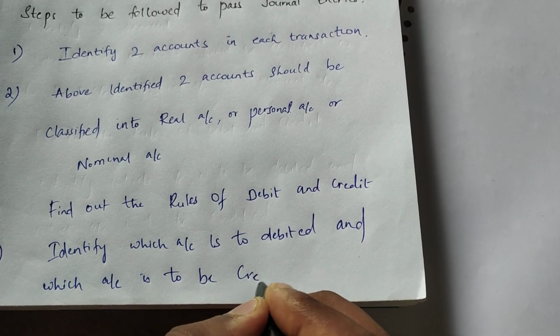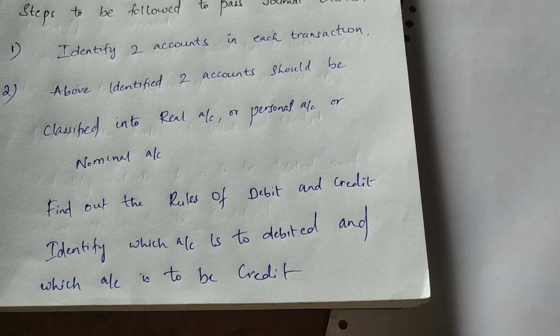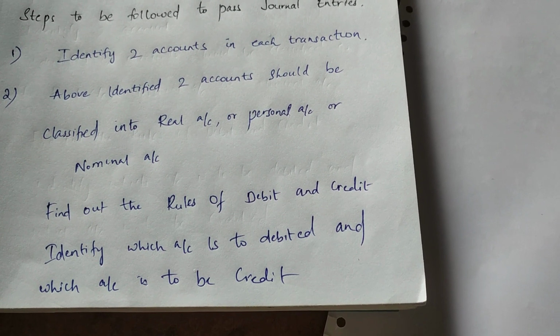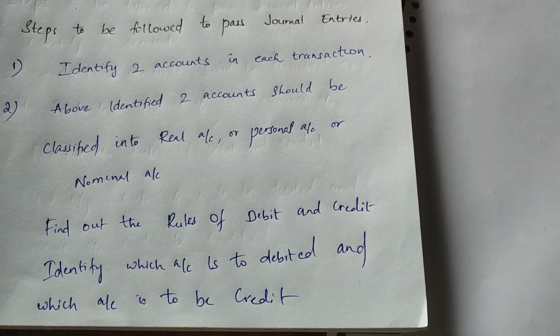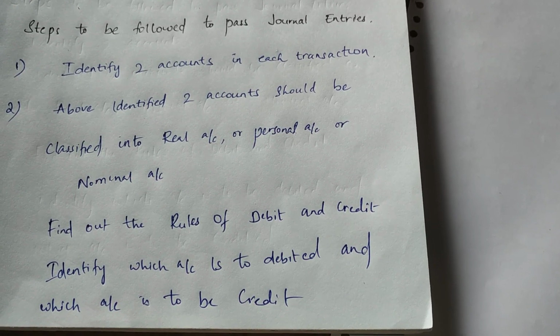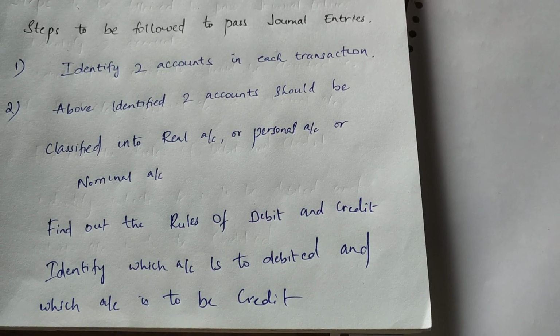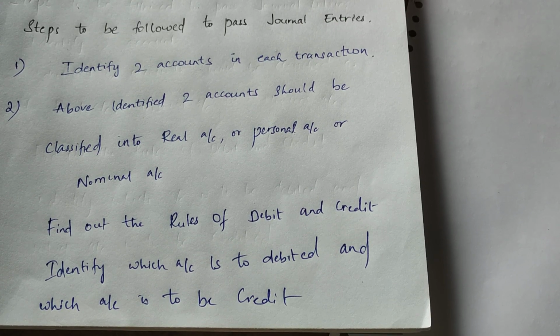I hope you all understood the 4 basic steps to pass any journal entry. Again I am repeating: first, we have to identify 2 accounts in each transaction. After that, we have to classify those accounts into real account, personal account or nominal account.